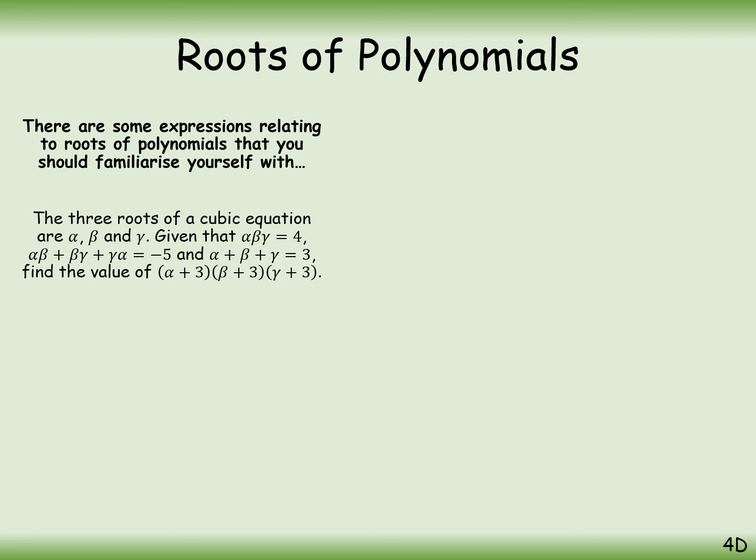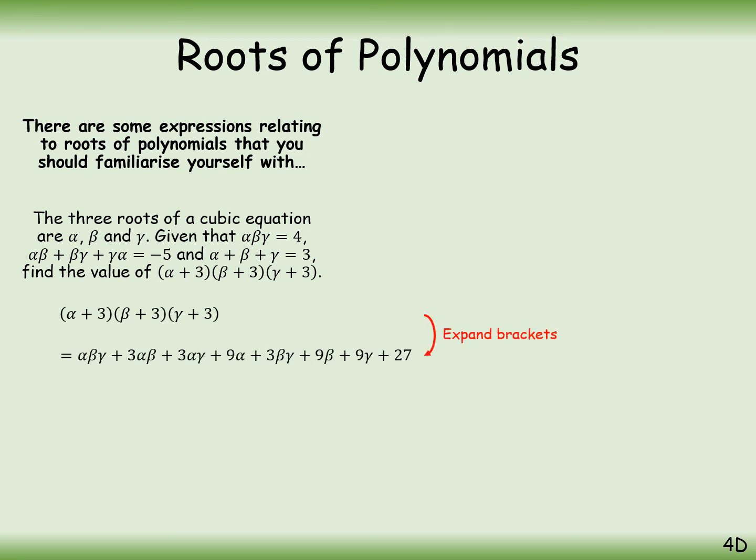So we're adding 3 to each of the roots. If we expand the brackets and factorize some parts of it, we get alpha beta gamma plus 3 lots of the sum of the doubles plus 9 lots of the sum of the singles plus 27.